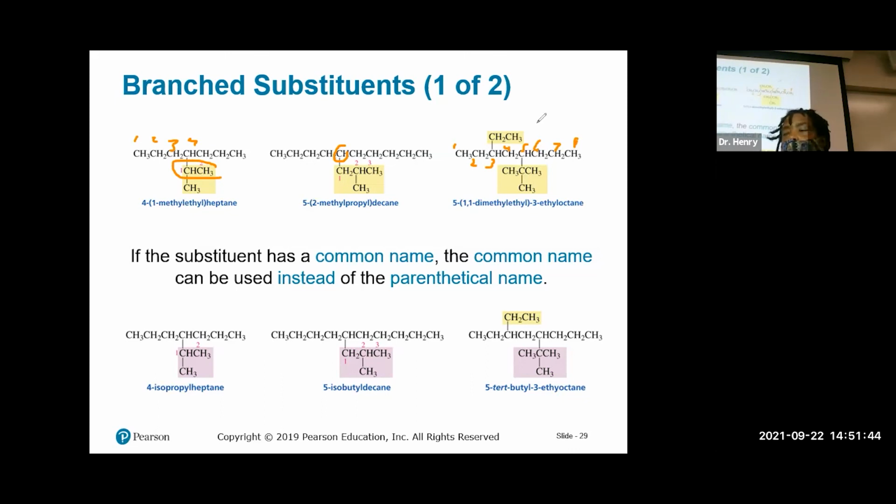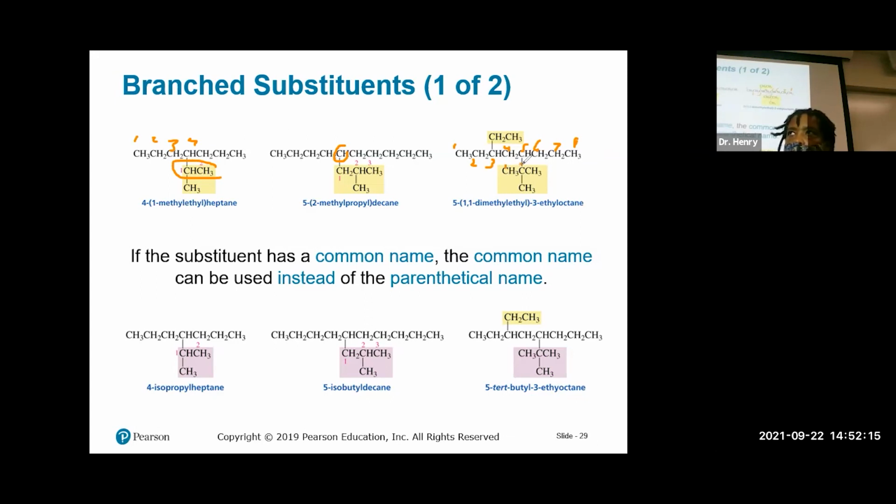So 4, okay. Okay, so this guy off of here, we have 1, 2, right? Or actually no, that's 1, 2, or 1, 2, or 1, 2, okay? So either way, 2 would be the longest chain coming off of that. Does that make sense?